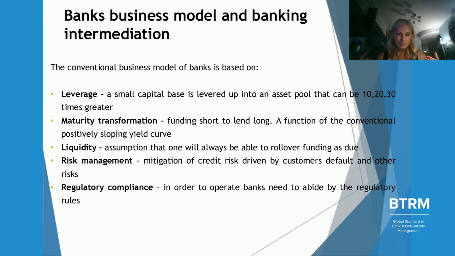When we do the funding strategy, or we are trying to come up with the best funding sources to support the business of the bank, we are thinking about liquidity as always existing. So we will always be able to roll over the funding. If this is term funding which is under expiration, we always assume that at least a portion of this funding we will be able to roll over, like for like, or for whatever other maturity we would like.